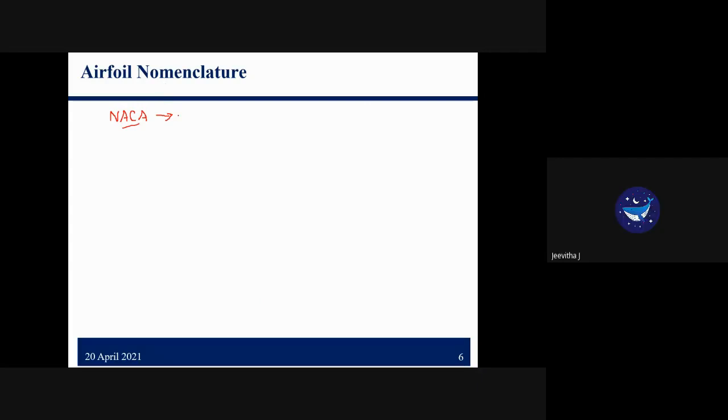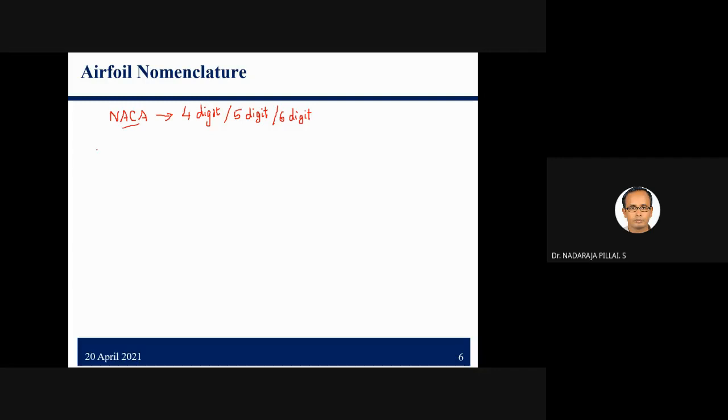National Advisory Committee for Aeronautics, correct? So we have NACA series, say 4-digit airfoil, 5-digit airfoil, and 6-digit airfoil. So there are many NACA series.